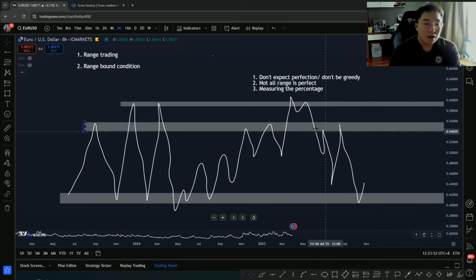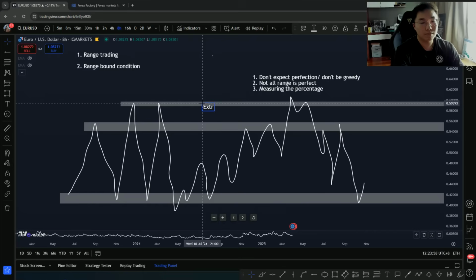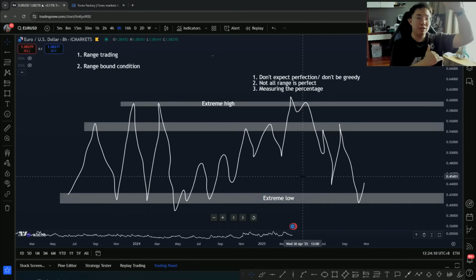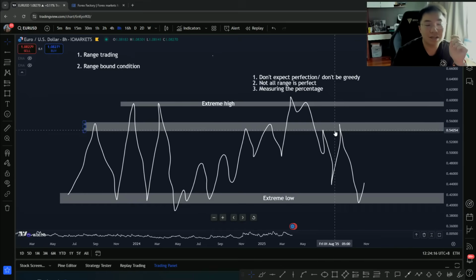So when price forms a large range, this is what I call the extreme high, and this is what I call the extreme low. When you have price forming a range, we normally have a very defined extreme high and extreme low. But what traders neglect is that a lot of times price will form an inside range.